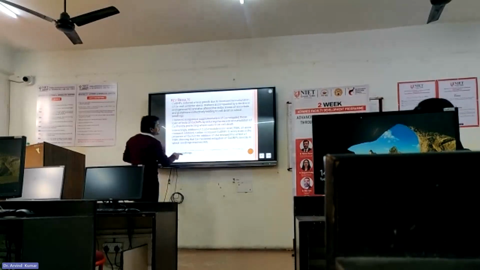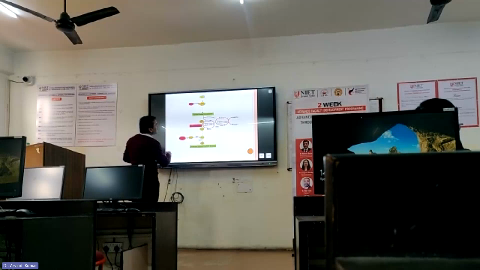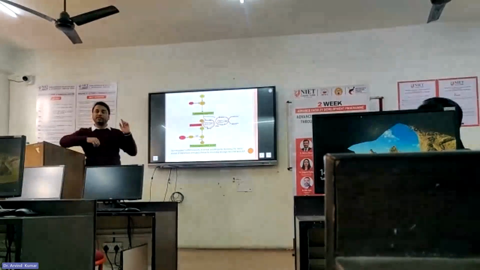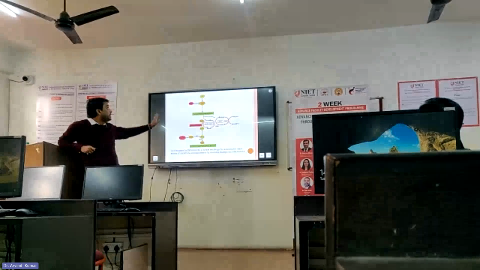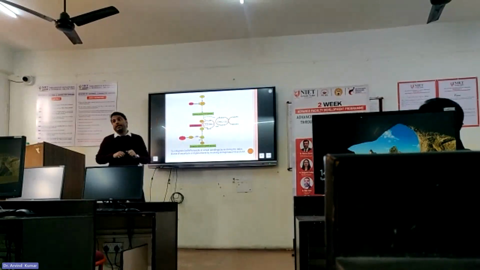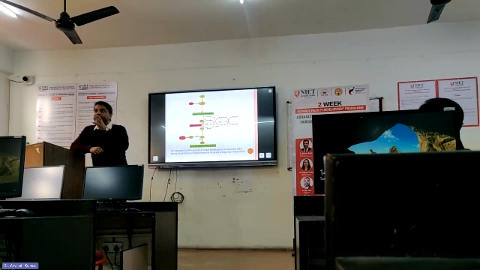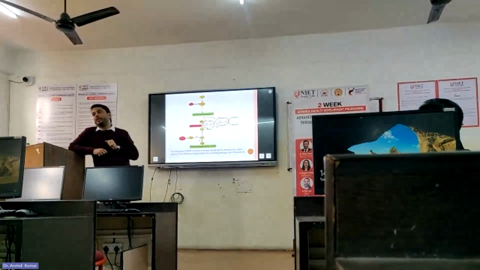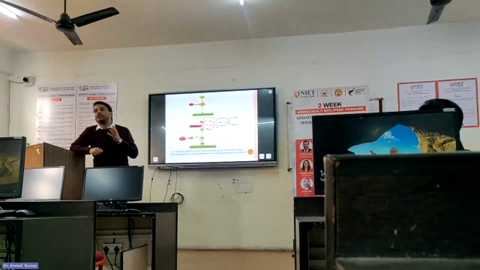These are some findings which we have discussed, and now we come to the main mechanism. This is the mechanism which we have derived for this study: how calcium takes help from the indole acetic acid and the endogenous nitric oxide to control copper-induced oxidative stress. So overall, what is the gist of this study?